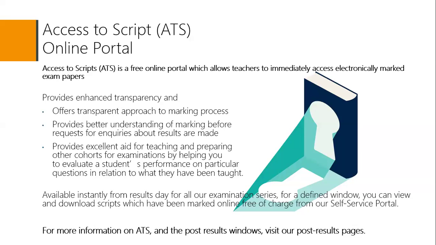The scripts don't have any examiner annotation on them, but they do have the marks awarded for the question. You can use the Access to Script service along with Results Plus to get a detailed breakdown of your students' performance in Edexcel exams, which will help you identify topics and skills where your students could benefit from further learning.